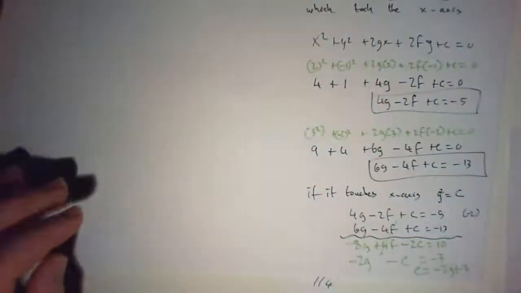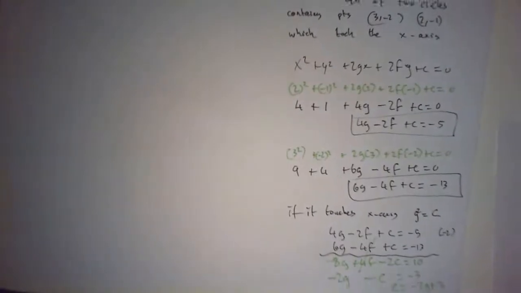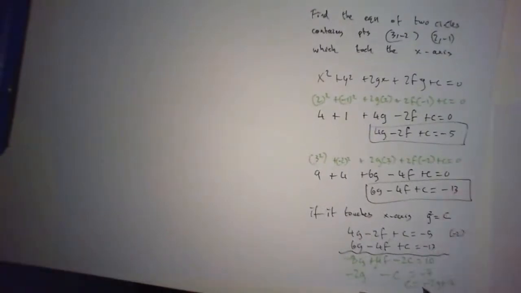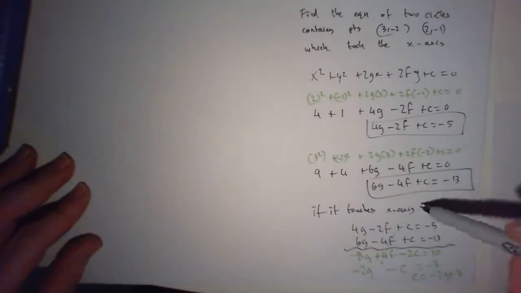For g. Remember, we want 2 circles, which means we need 2 g's. I'm going to zoom this higher, so I'm hoping everyone can see this. So far we've got c is equal to minus 2g plus 3.